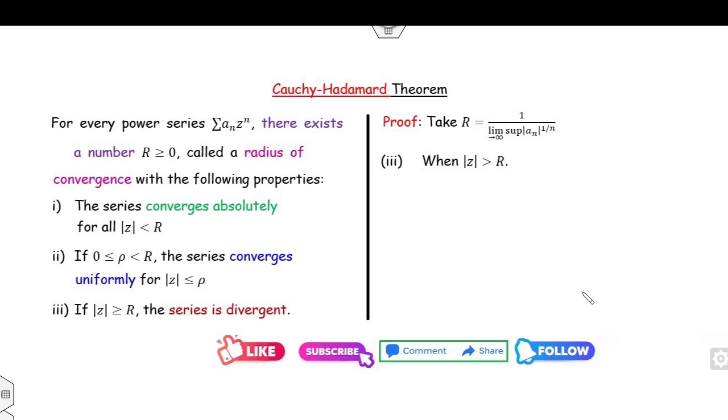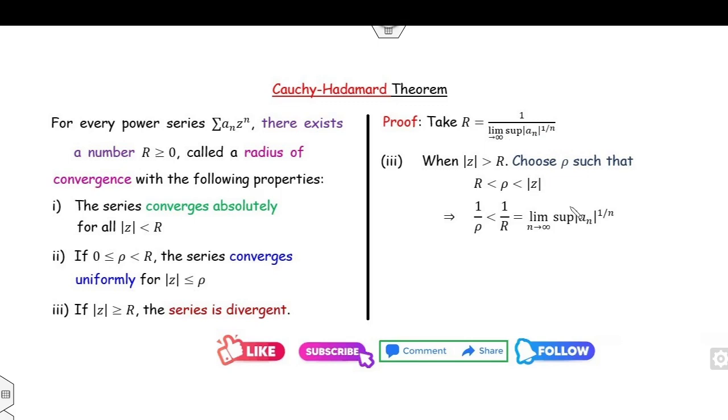Look at the last case, when the series is divergent. What does it mean? That means you can consider the radius r, and you can consider all those values which are outside this circle. Fine. So again I can choose another point, say again rho, which lies between r and mod of z, again by using the definition.